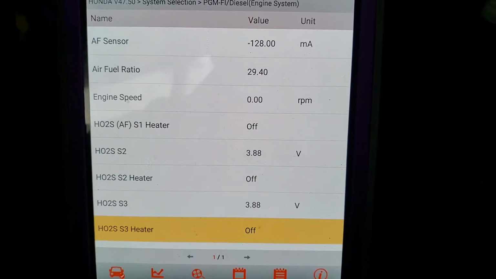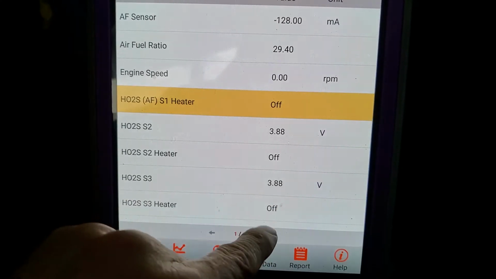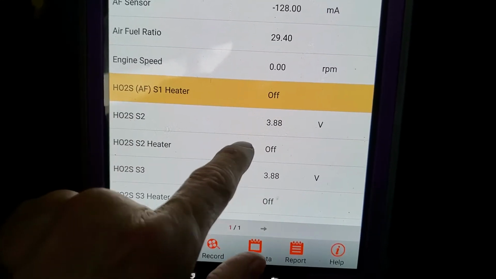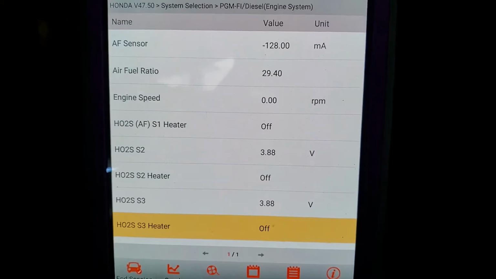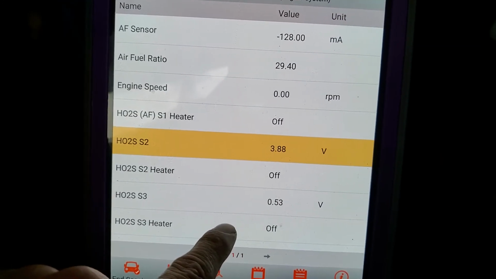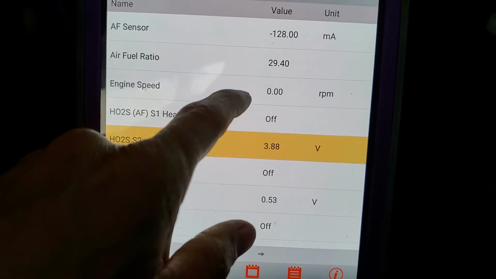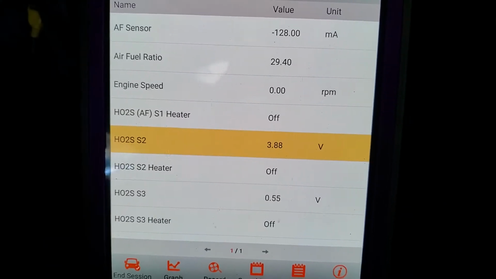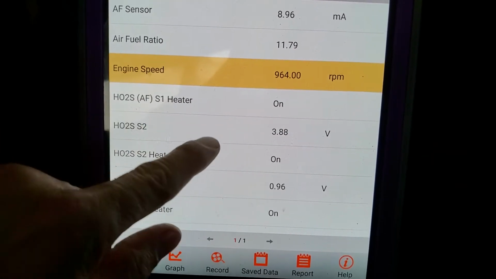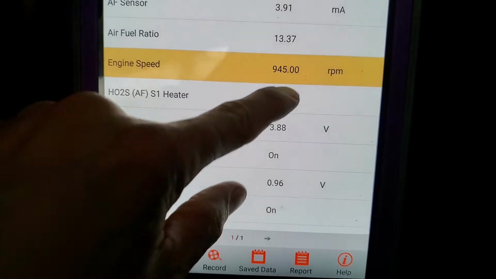Now we're going to start the vehicle and we're going to be paying attention to these 3, the heater. Okay. Let's start the vehicle and find out. Okay, now let's look at this one. So this one is off, this one is off, this one is off. Let's start the vehicle. All of them should go on. Look at the RPMs. All of them are on. Look at that. Boom.